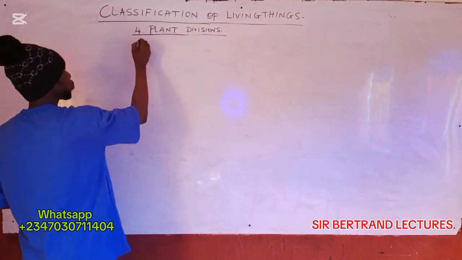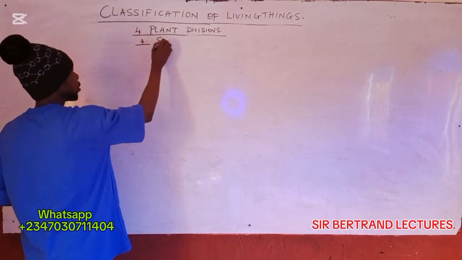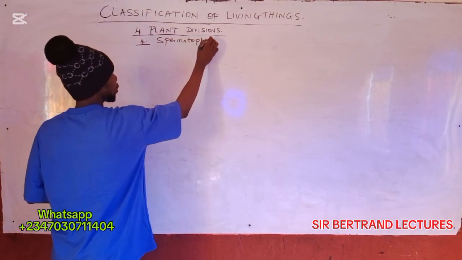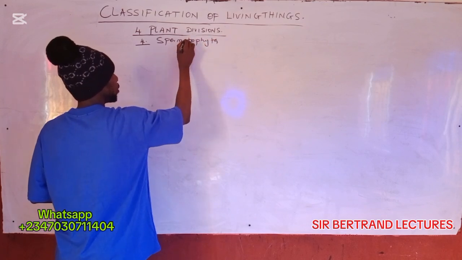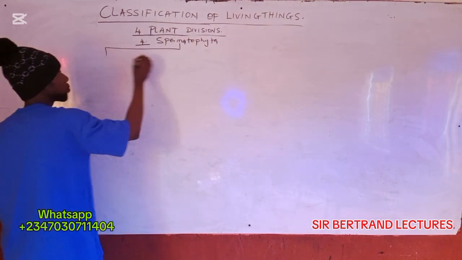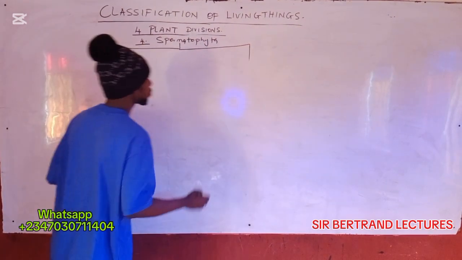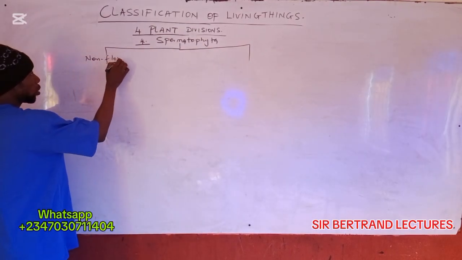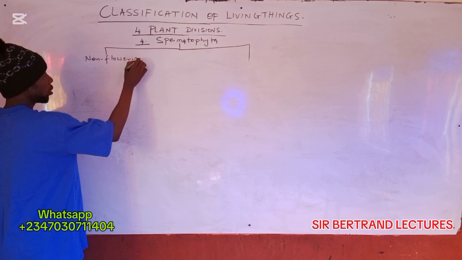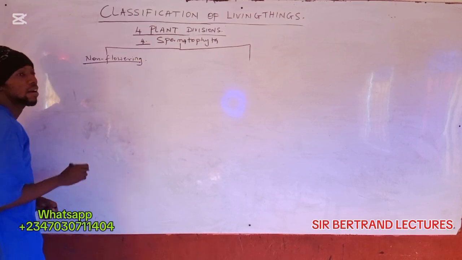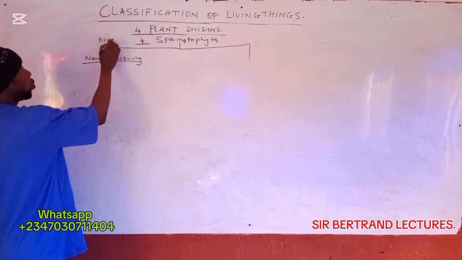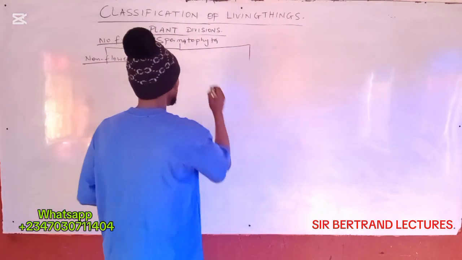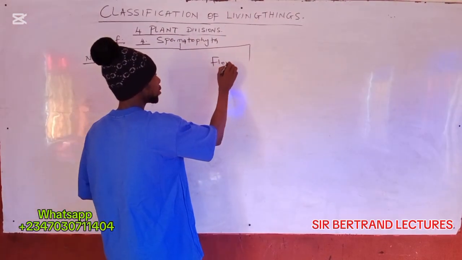Spermatophyta here is the fourth one. It is divided into two. We have the non-flowering plants. They don't produce flower. Okay, and here are the flowering plants.